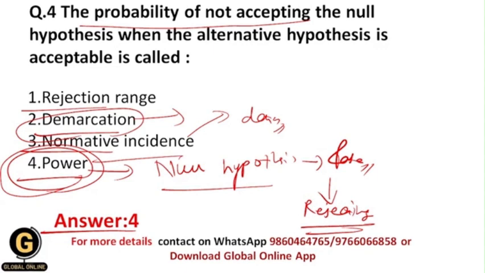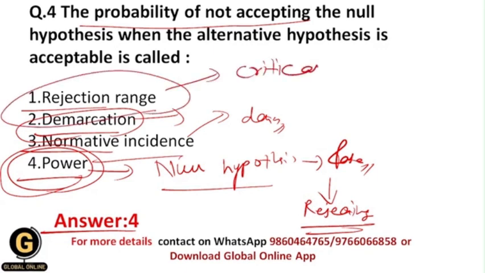And what is rejection range? Rejection range is also called the critical range. It is the region, a set of values for the test statistic for which the null hypothesis is rejected. So for these values we are going to reject the null hypothesis.